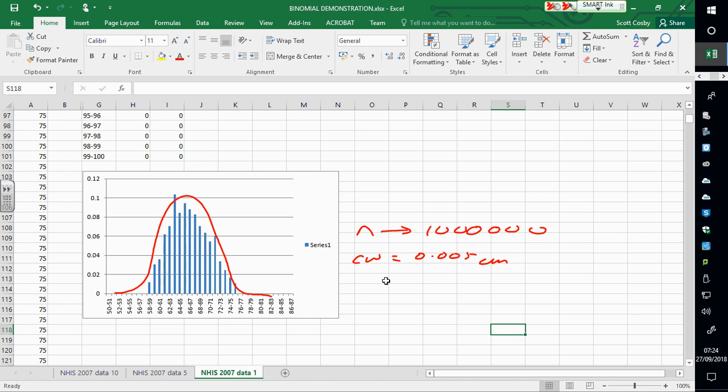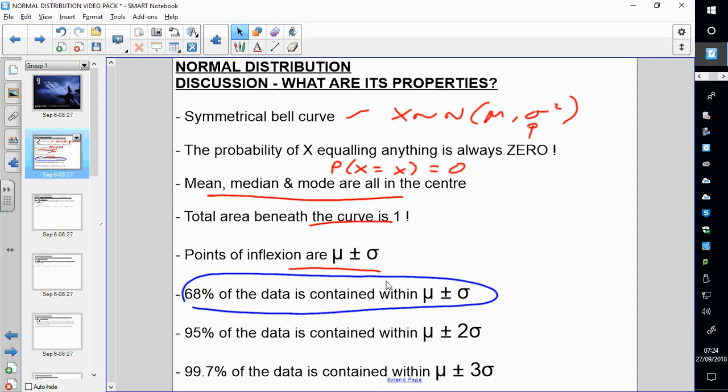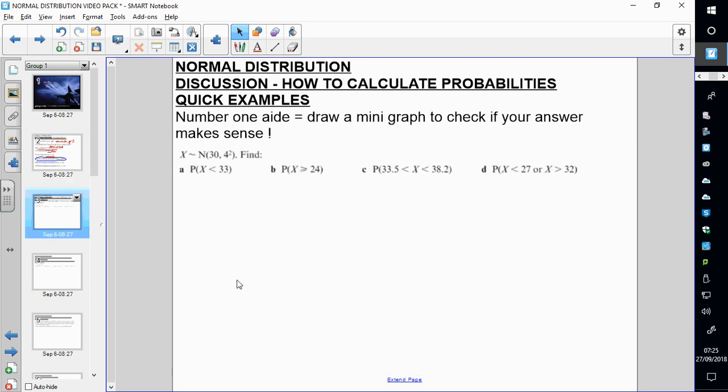The intervals between each space are getting so small, and your n has to be massive because more and more frequency is going to fit into each of those class widths. And you would start to get a really nice gradual curve like this. And that's just one example of data. You can just see how naturally these things fall into a normal distribution shape.